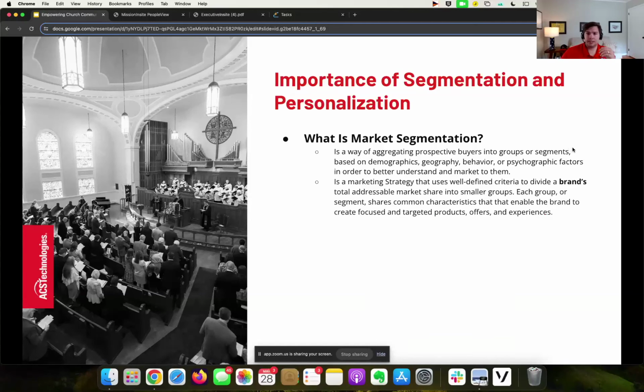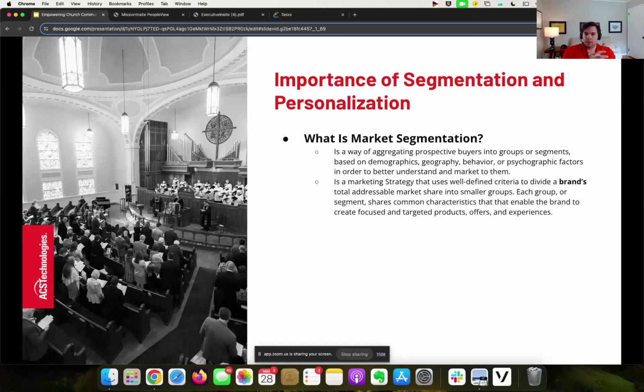Another definition says segmentation is a marketing strategy that uses well-defined criteria to divide a brand's total addressable market into smaller groups. Each group or segment shares common characteristics that enable the brand to create focused and targeted products, offerings, and experiences.